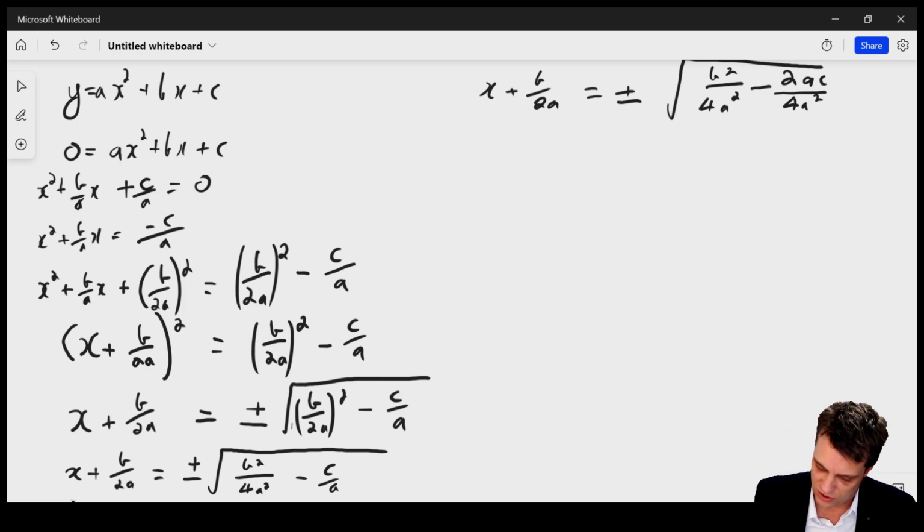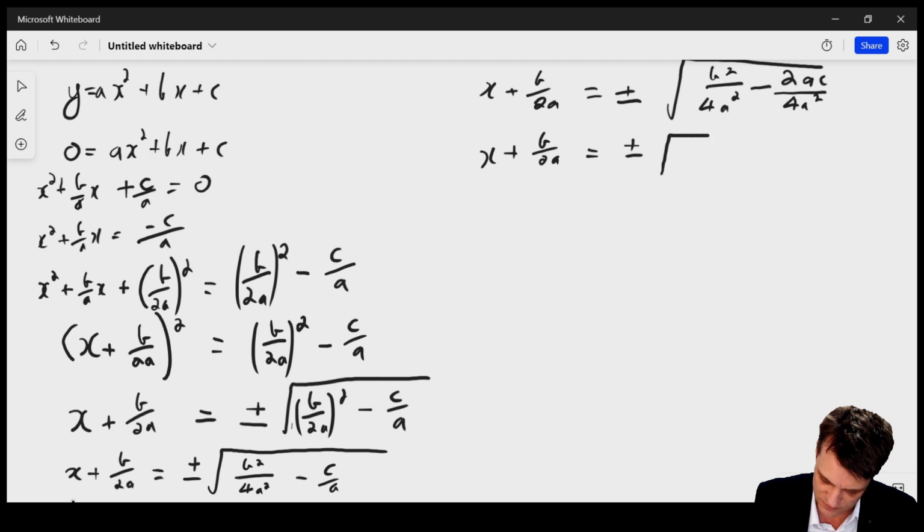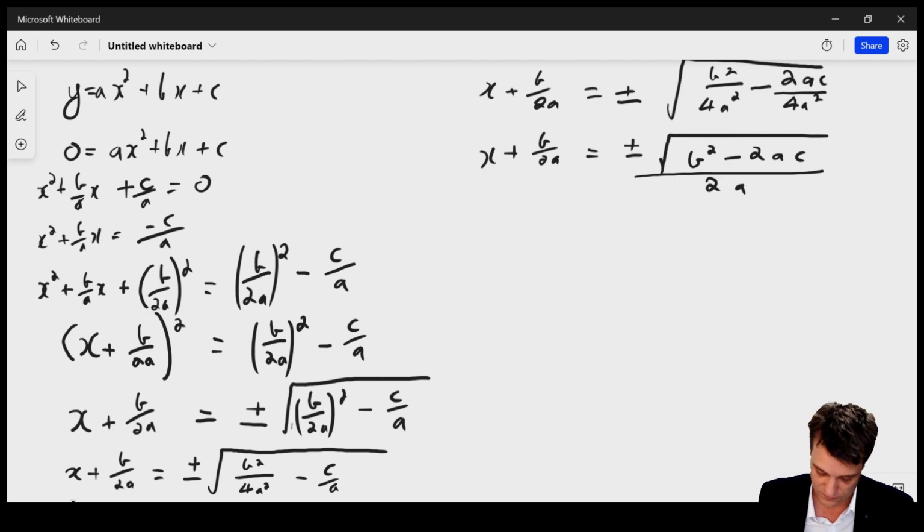Now that this is all over a common denominator, we can put those all together. We can also take the square root of it, so we end up with x plus b on 2a is equal to plus minus the square root of b squared minus 2ac all over 2a. Now, lastly, we want to take b on 2a from both sides.